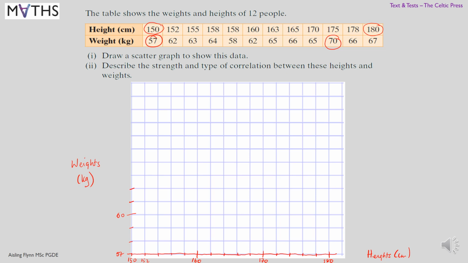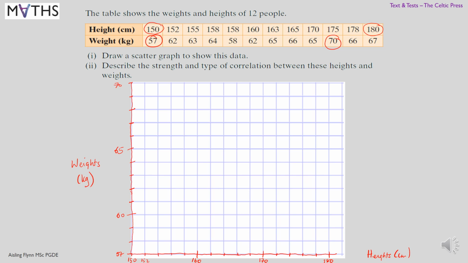So 61, 62, 63, 64, 65, well, just about 66, 67, 68, 69 and 70, so just about fit. Again, use a ruler, make it nice and presentable for an examiner.